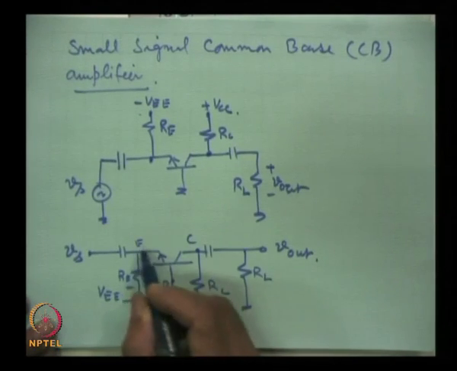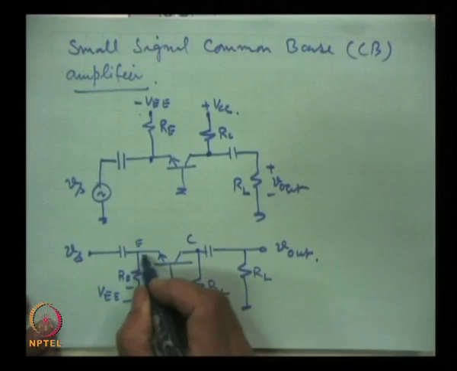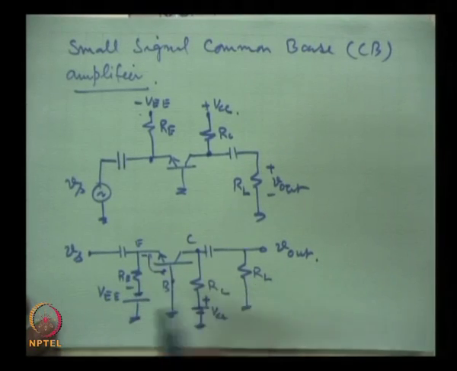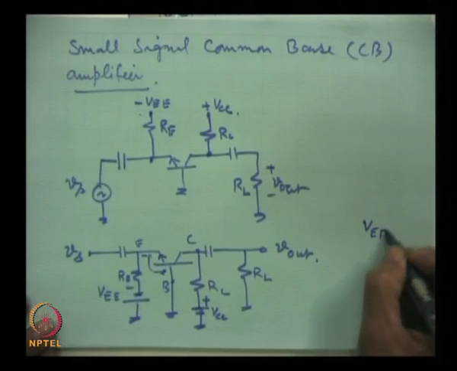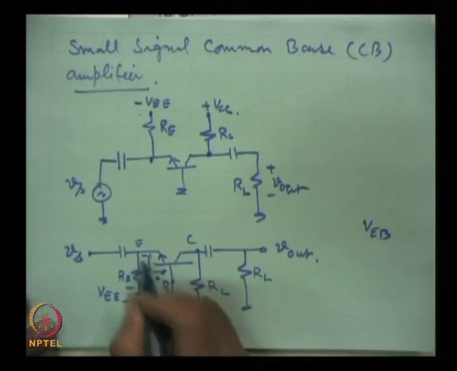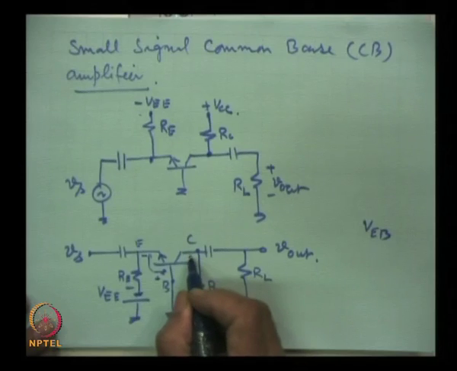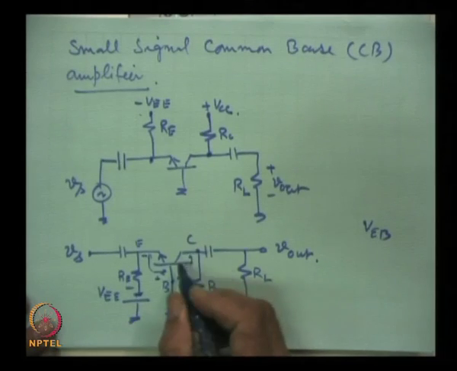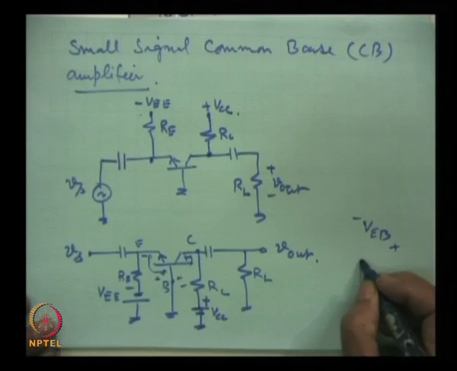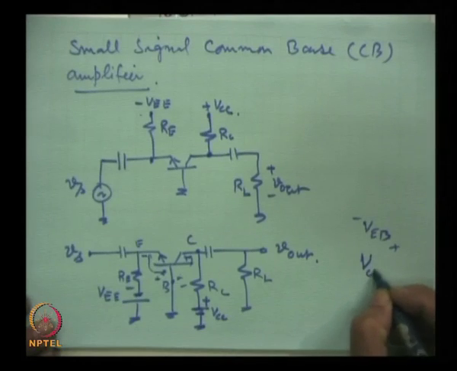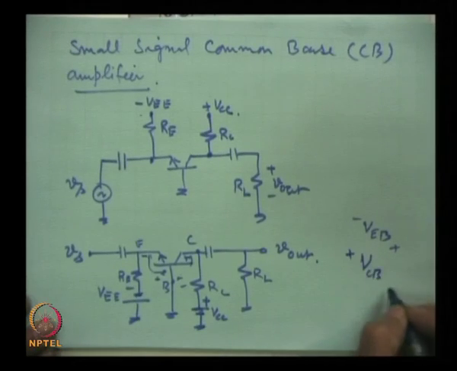So, between emitter and base this voltage is VEB with this polarity, and here the collector has the base with this polarity, plus minus, and the other one is VCB, with this polarity.